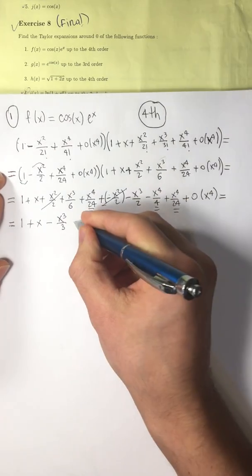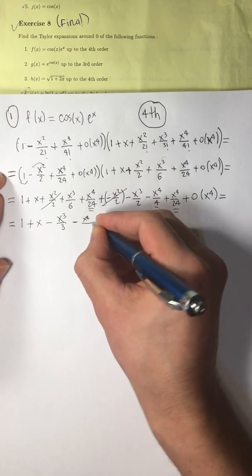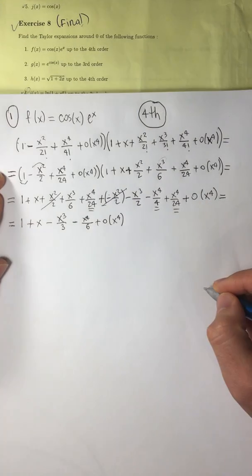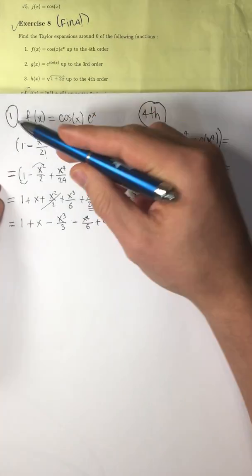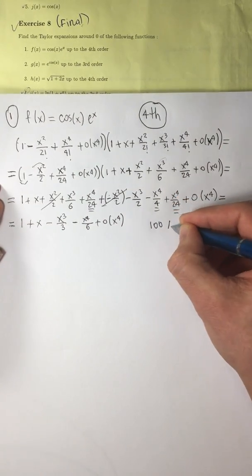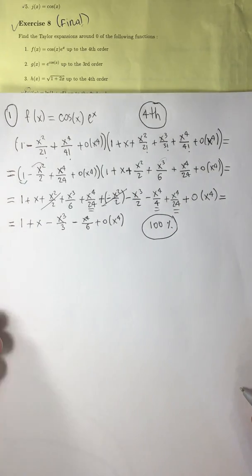And then if you simplify that, you are going to have x to the 4 divided by 6 plus x to the 4. Okay, on your final sheet, you write from here to here, and you will get 100% score. I am 100% sure. Believe in me.